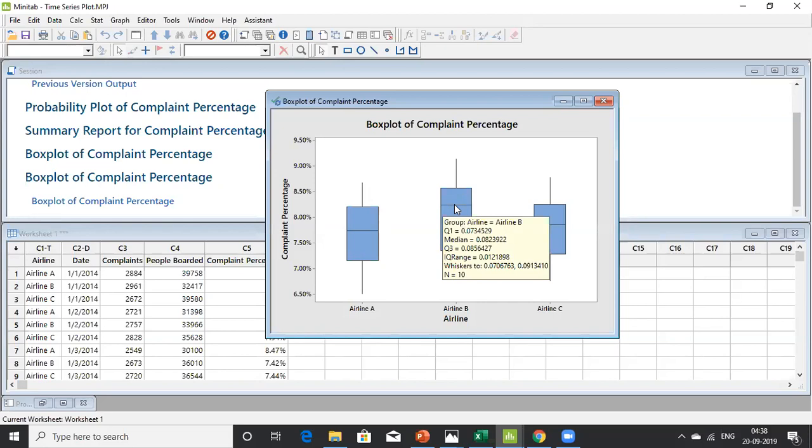And so airline B has a greater amount of complaints, and the percentage is also higher, because it's complaints divided by people boarded. And you get your percentage, and then you compare it with the other airlines.